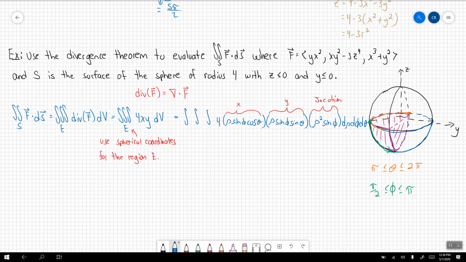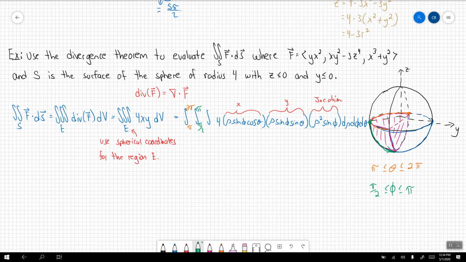Alright, now we just need to set our bounds. The bounds that we came across: theta was changing between pi and 2 pi. Phi was changing between pi halves and pi. And then rho is changing.